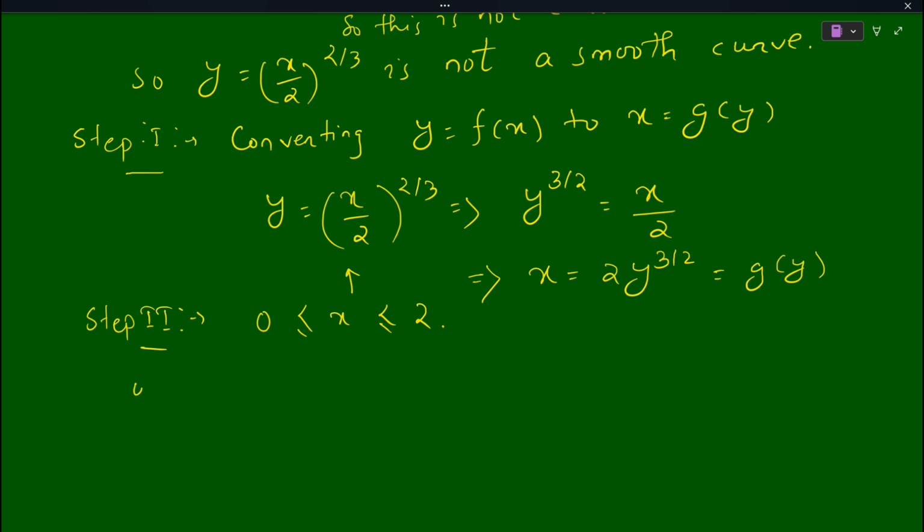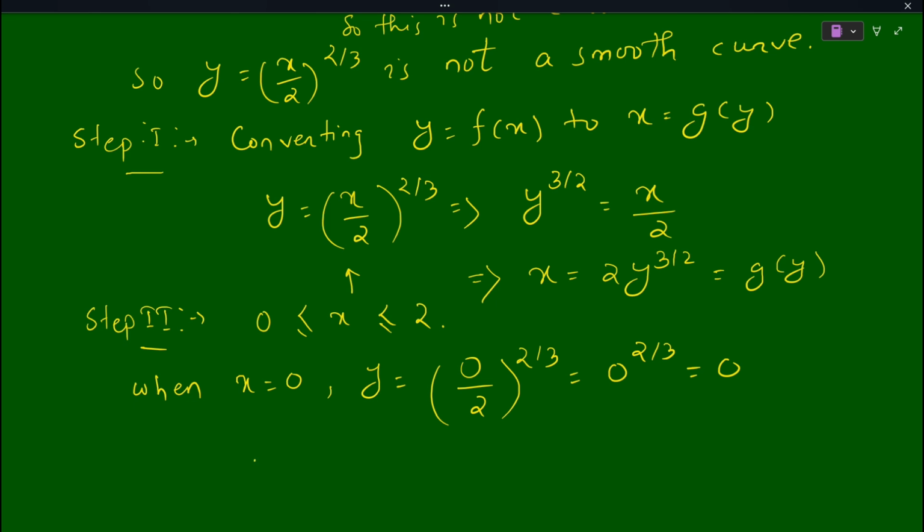When x equal to 0, then the y value will be (0 by 2) to the power 2 by 3, that is 0 to the power 2 by 3, which is 0. Now take the upper limit, x equal to 2.